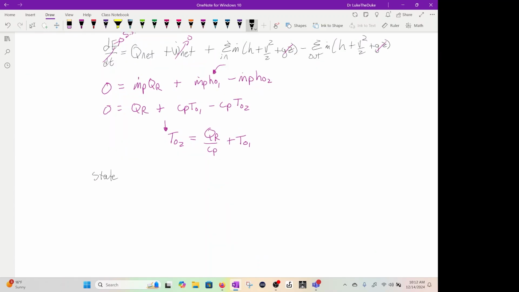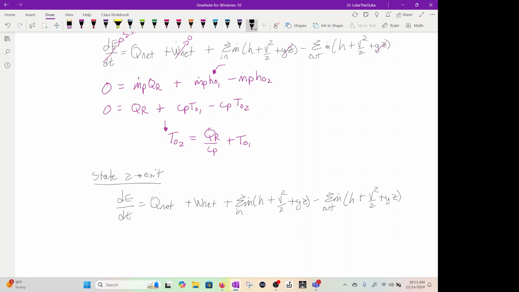State 2 to E, the exit. Okay, we'll do energy balance again. Summation of m dot h plus v squared over 2 plus gz. This is in, minus summation of m dot h plus v squared over 2 plus gz.